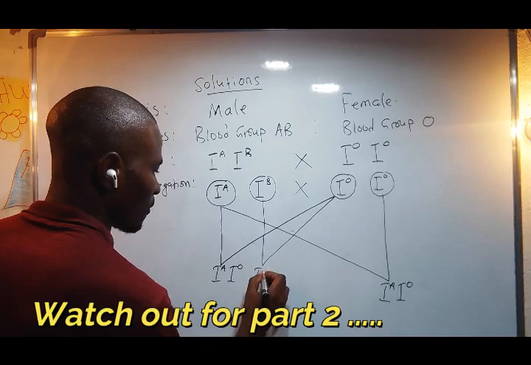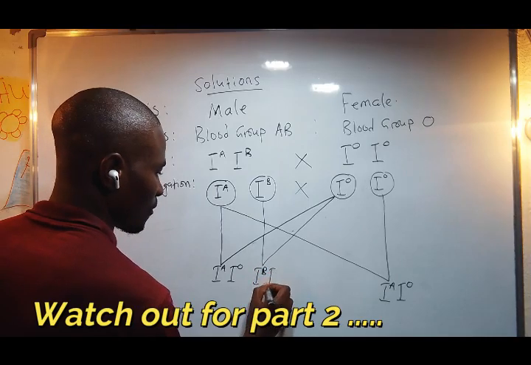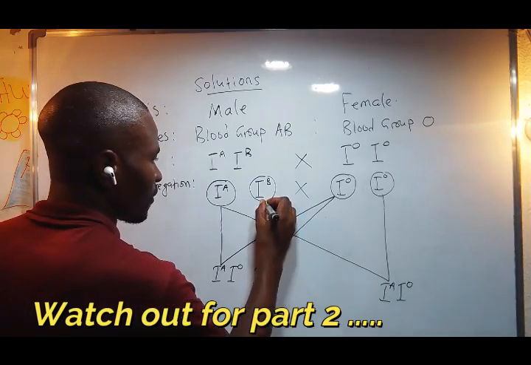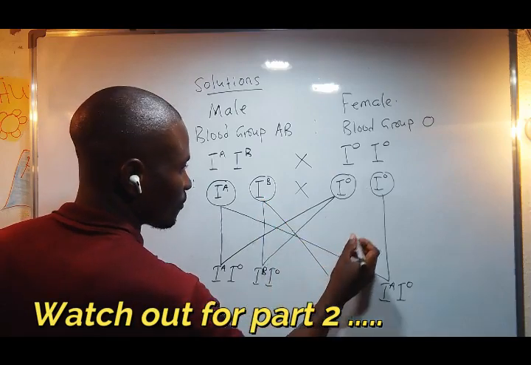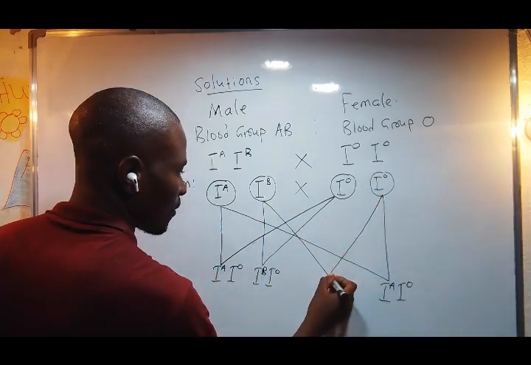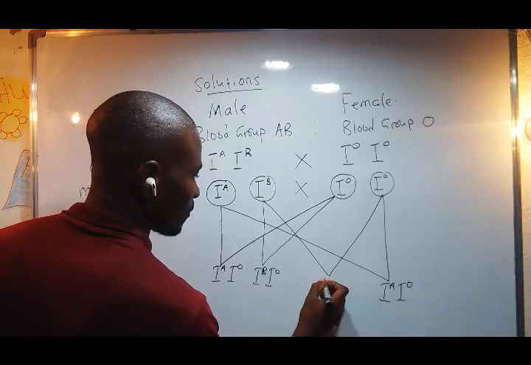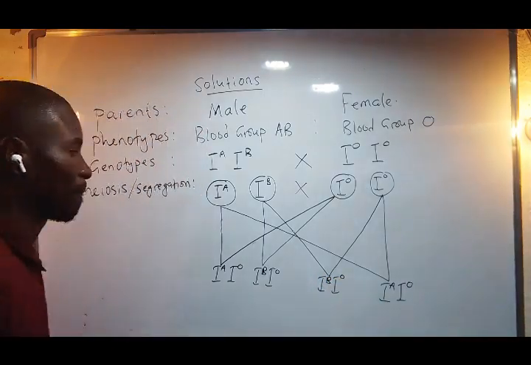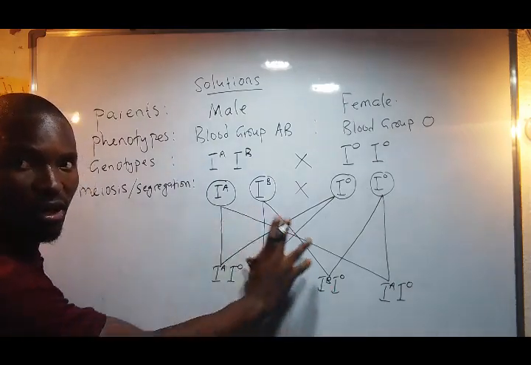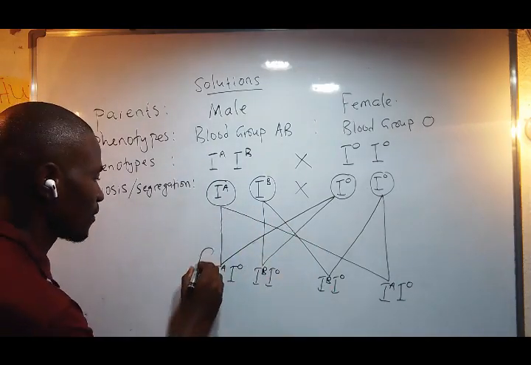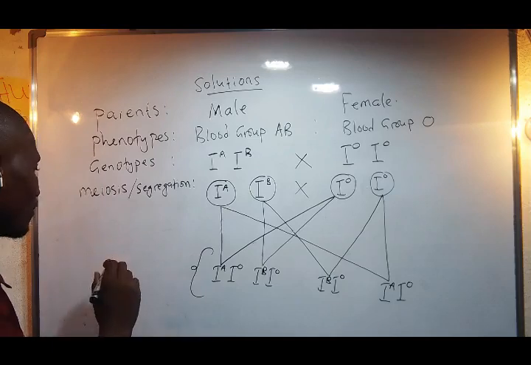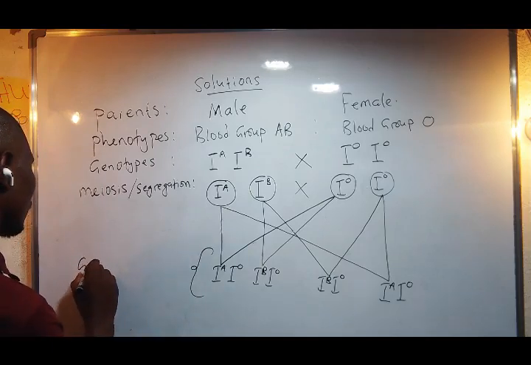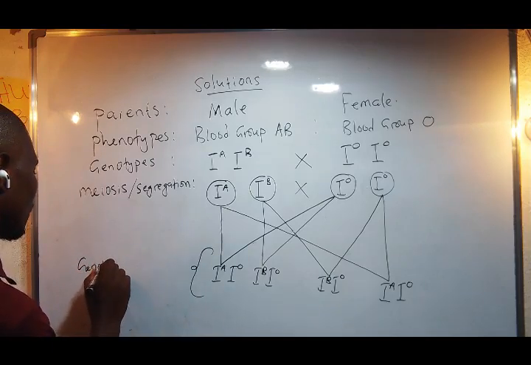And then finally, this one with that one. So now what we have obtained, this part is what we call the genotypes.